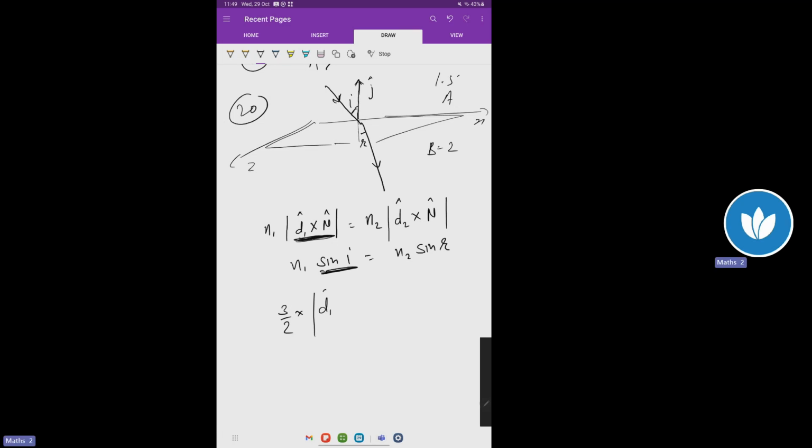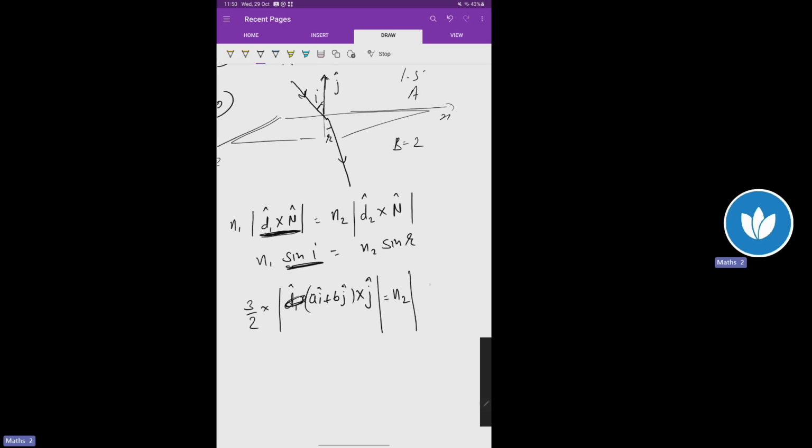This is D1 cross. This incident vector is actually a unit vector, which is A i plus B j, cross j, normal is in Z direction, is equal to N2 into reflected C i plus D j cross j.